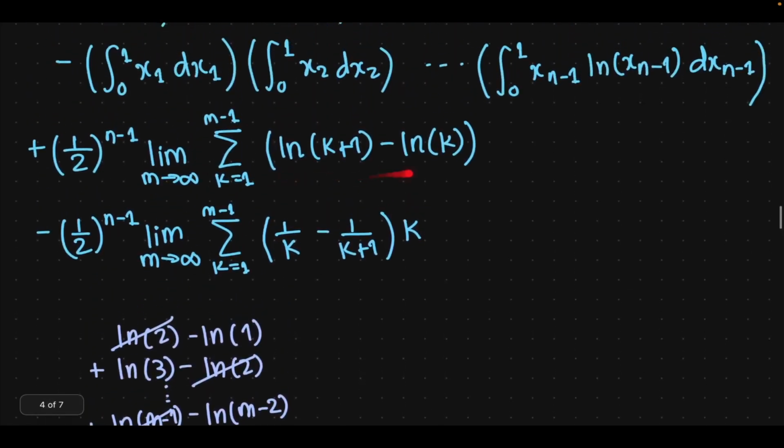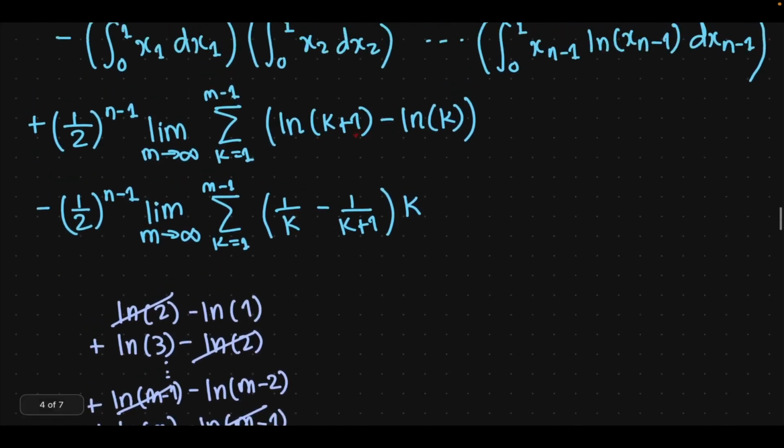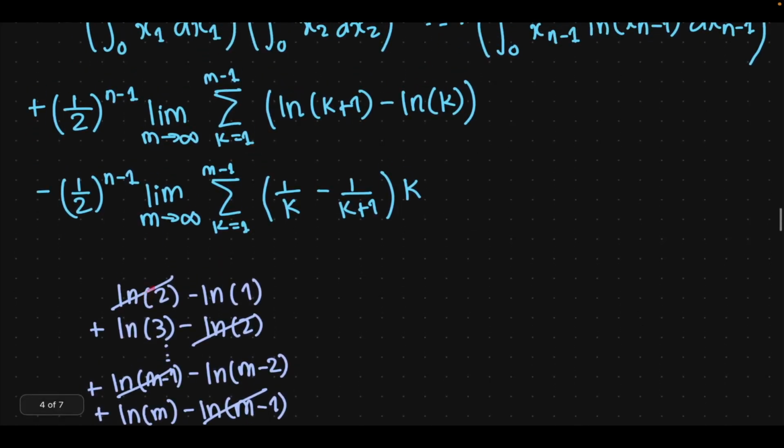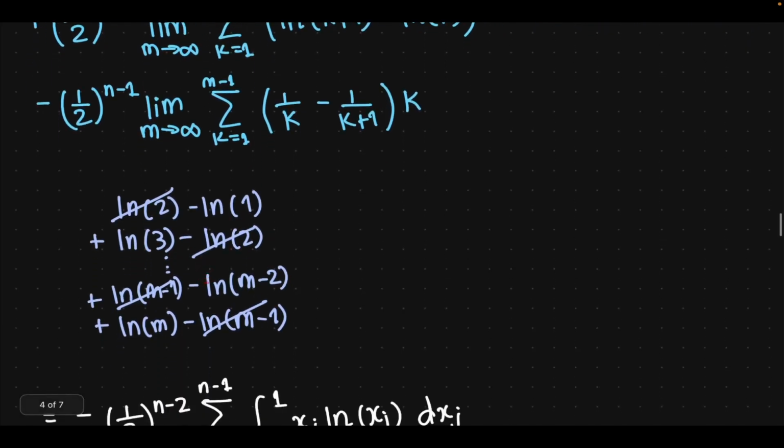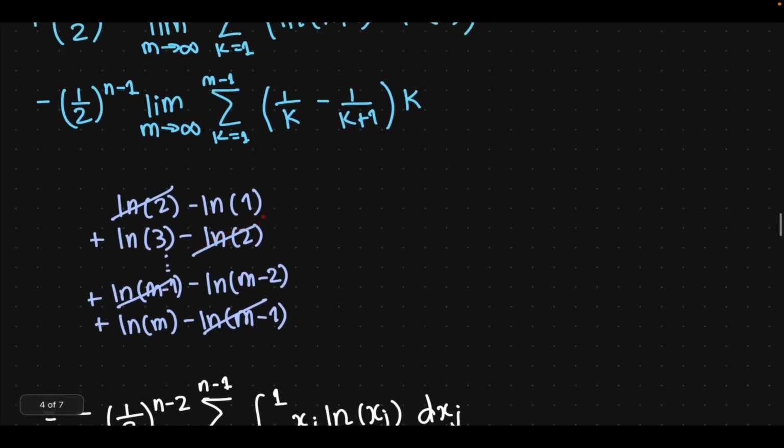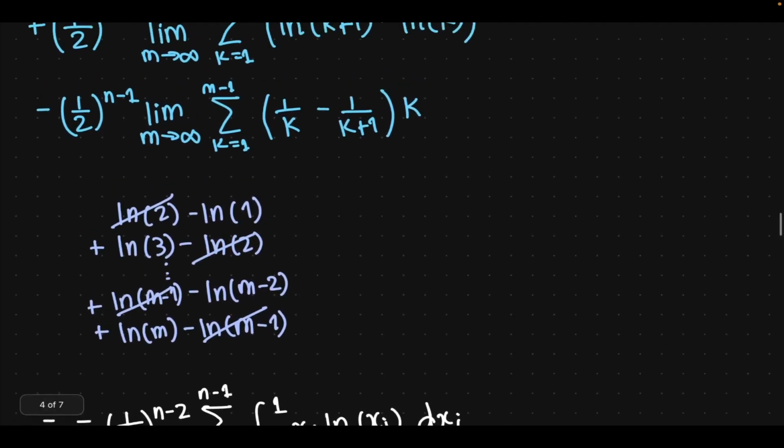Now, notice that this natural log sum from 1 to m minus 1 is actually telescoping, because if I write the terms out, when k equals 1, we have ln 2 minus ln 1, and then plus ln 3 minus ln 2, and so on until ln(m-1) minus ln(m-2), and then ln m minus ln(m-1). We see ln 2 cancels with the right term of the next iteration, and the pattern is that the right term cancels with the left term of the previous iteration.